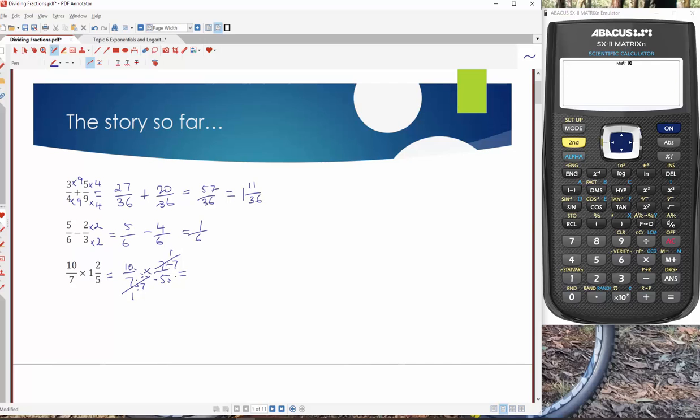Well, the answer is 5. 5 goes into itself once, and 5 goes into 10 twice. Now we're ready to multiply, and we go 2 times 1, that's just 2. 1 times 1, 1. And 2 over 1 is probably best written as 2. So you'll note there that there was no need for equivalent fractions of the same number of parts. We can go ahead and multiply straight away.